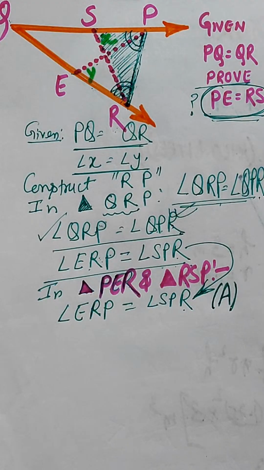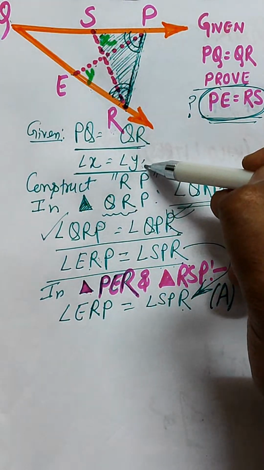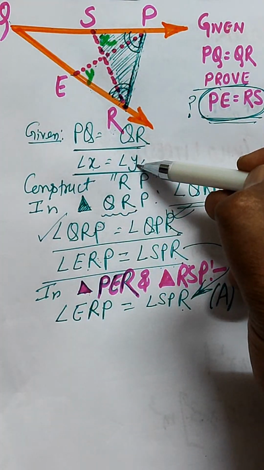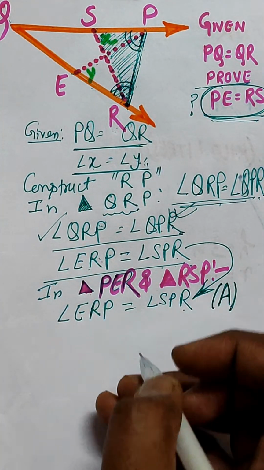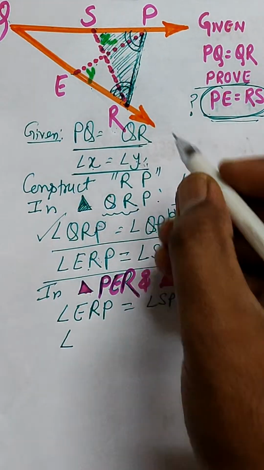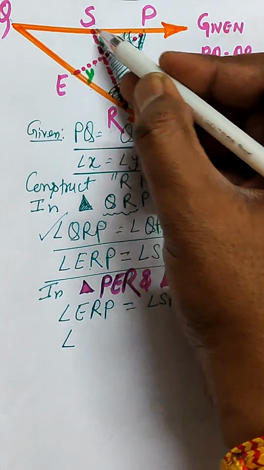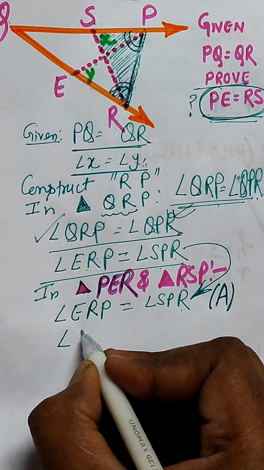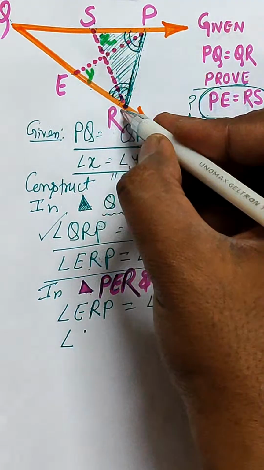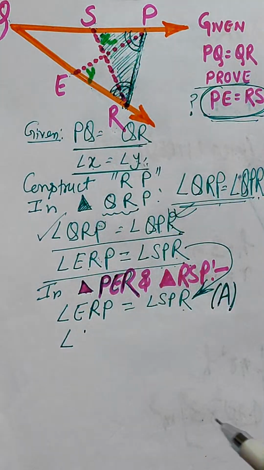Now what is the second part? The second part is already given, that angle X equal to angle Y. Since angle X equal to angle Y, we can say that angle PSR is equal to angle REP, right?